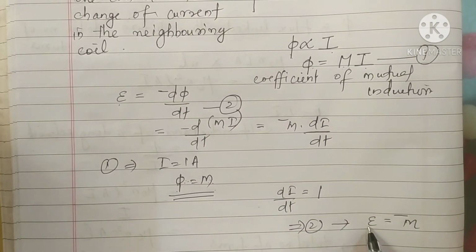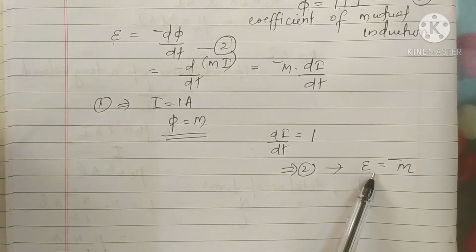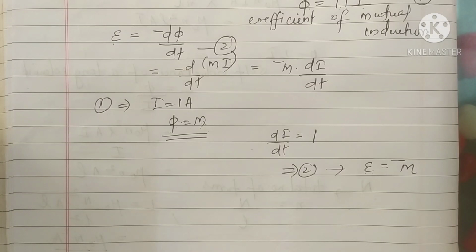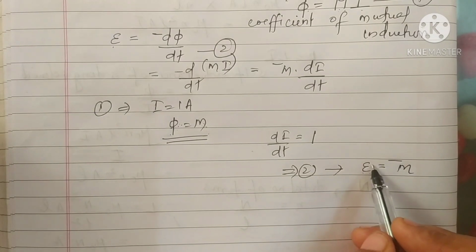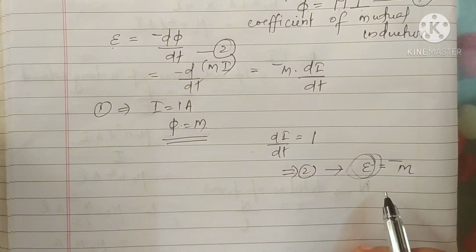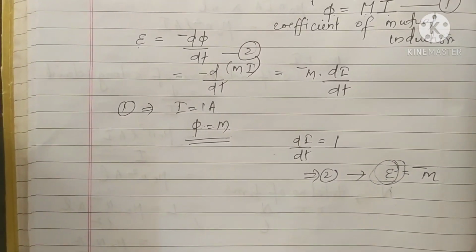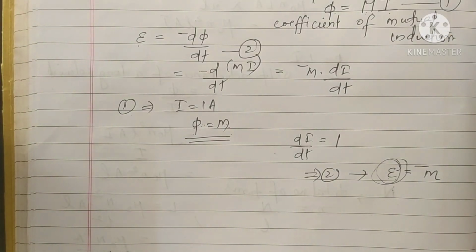Again, mutual inductance of two coils may be defined as the induced EMF set up in one coil when the current in the neighboring coil changes at unit rate. So, two definitions for two equations. Clear? In this way you can define the coefficient of mutual induction or mutual inductance.